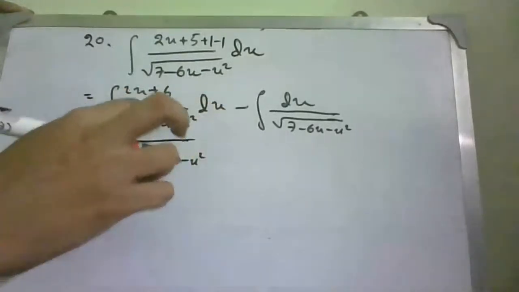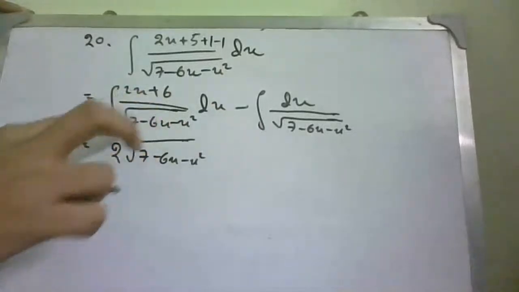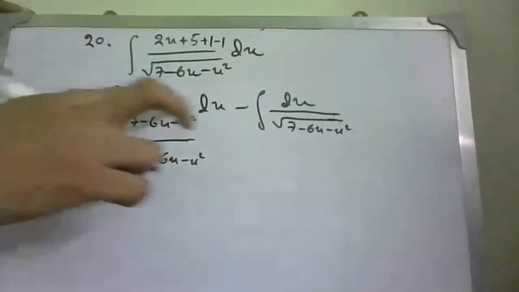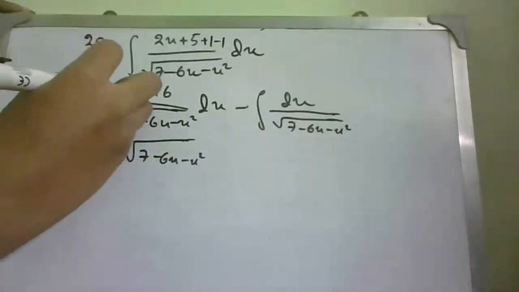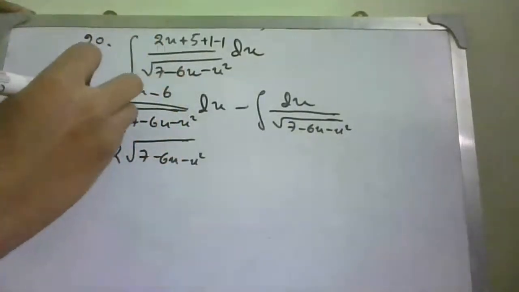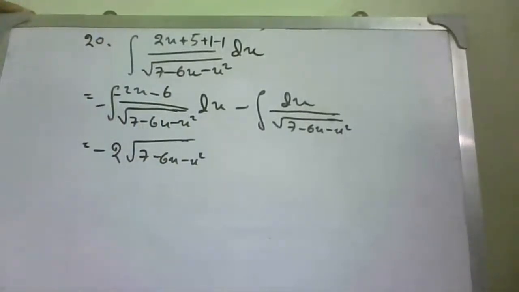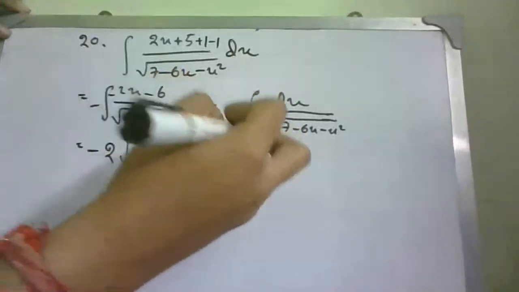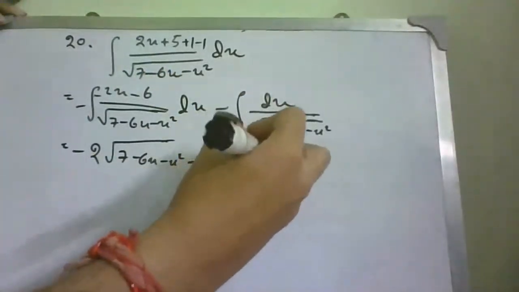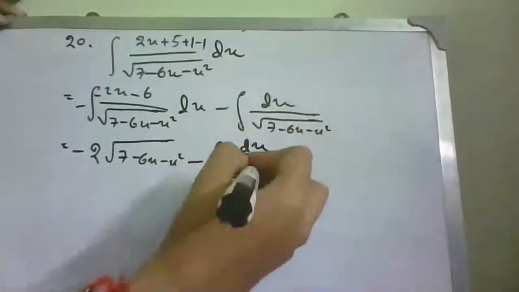Why is it so? Because if we take this term as p, then dp over dx is actually this thing. You can check it out. Yes, obviously minus 2 is also there. This is not a very difficult thing. We can just arrange the denominator as a perfect square.